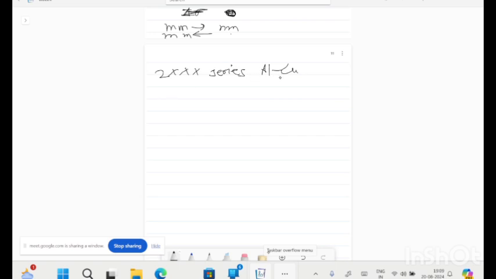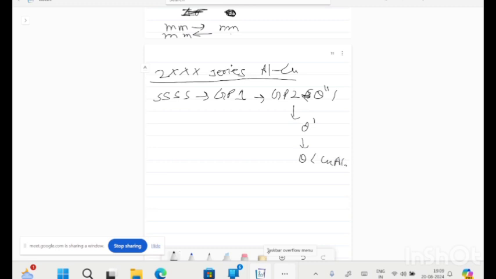The sequence of precipitation and aging follows the path: supersaturated solid solution, then GP1 zone forms, followed by GP2 zone, then theta double prime, then theta prime, then theta. So theta is the CuAl2 intermetallic.